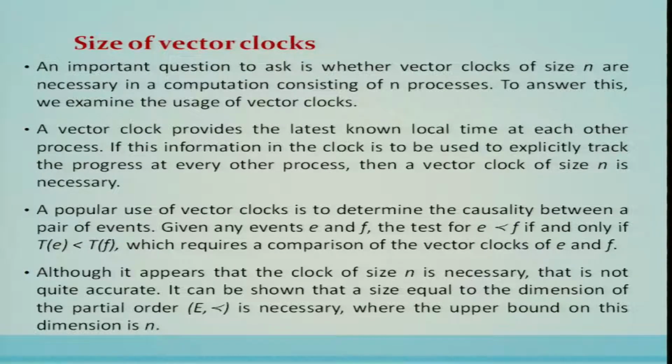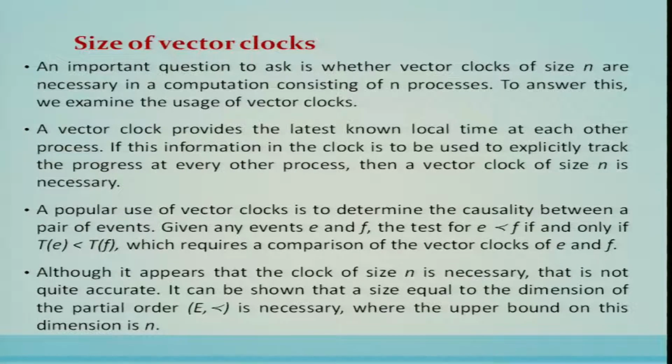Now a popular use of vector clocks is to determine the causality between a pair of events. Given any events E and F, the test that E has happened before F if and only if the timestamp of E is smaller than the timestamp of F requires a comparison of vector clocks of E and F. Although it appears that the size n is necessary, that is not quite accurate, as we are going to see here.